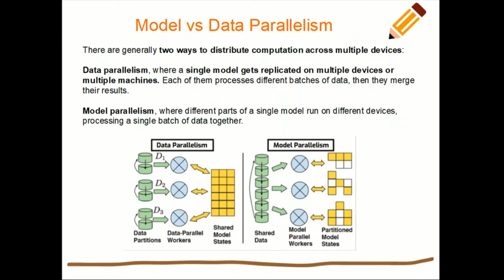So there are two ways to do it. One is we can split the data itself. Let's say if we have 100k records, then we can spread the records across the GPUs. If there are multiple workers, a worker could be multiple GPUs across multiple servers, or multiple GPUs on a single machine also.